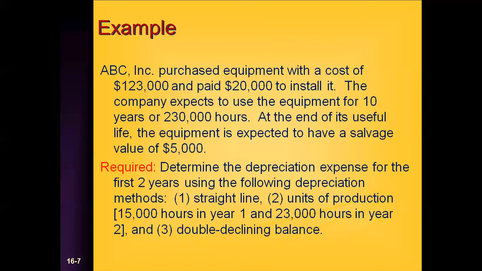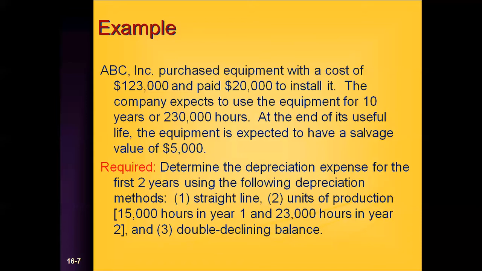Okay, let's take an example. Let's say ABC company purchases equipment with a cost of $123,000 and pays $20,000 to install it. This particular piece of equipment has a 10-year useful life or 230,000 hours.